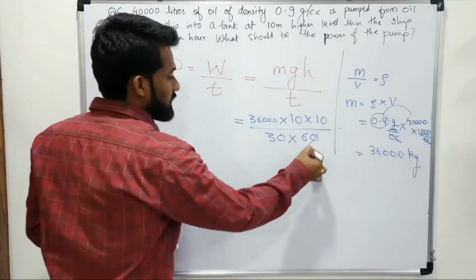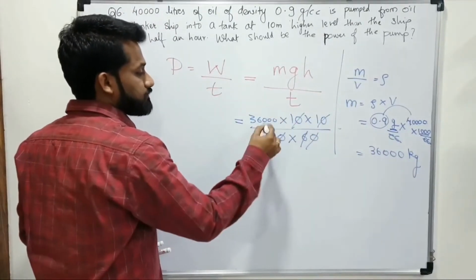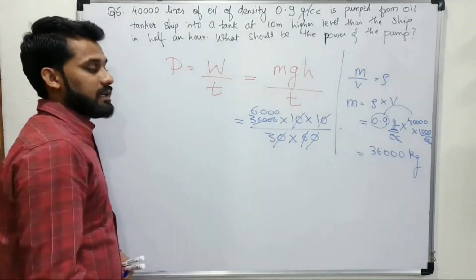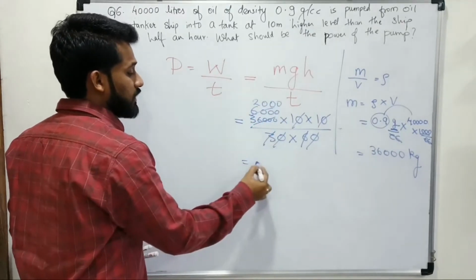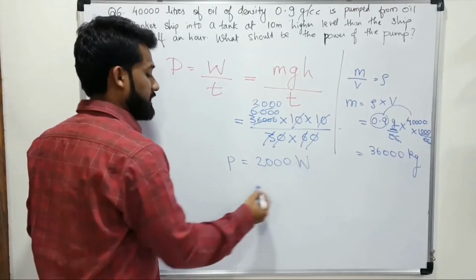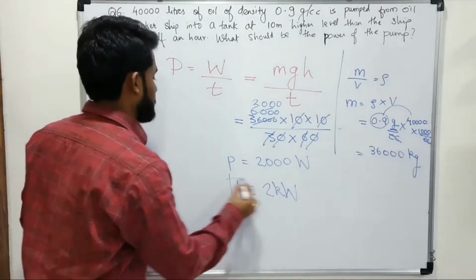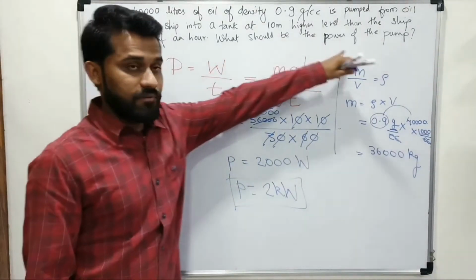Solving this, 0 will cancel straight away, so it is 6,000, and 3 2,000. So the answer is 2,000. The power required is 2,000 watt, which can be written as 2 kilowatt. So the answer for question number 6 is 2 kilowatt. The power of the pump should be 2 kilowatt.